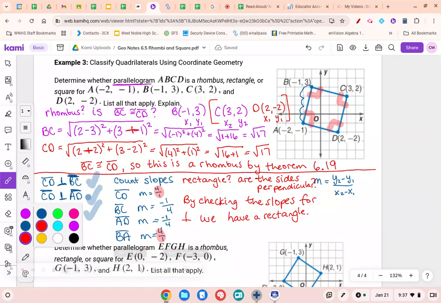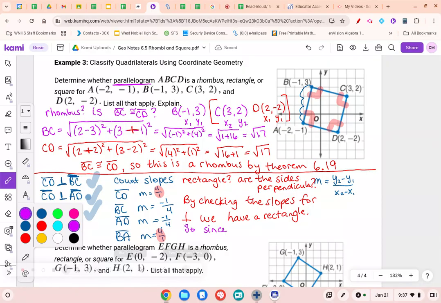Now here's the deal, it also has square as an option. Guys, because this shape is both a rhombus and a rectangle, it is a square. So we're going to write that down.